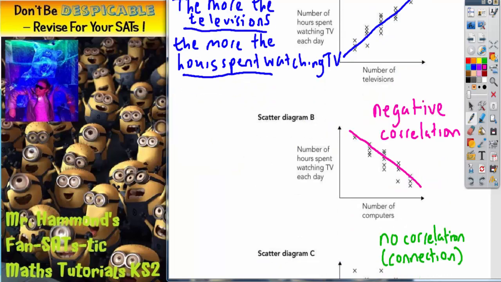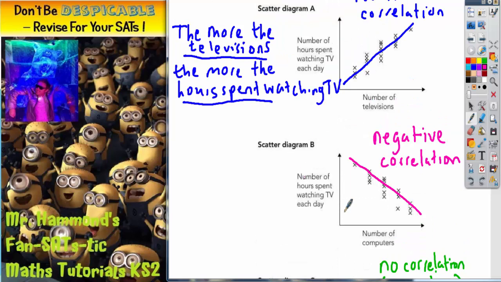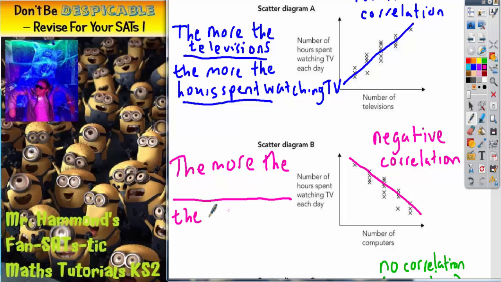For negative correlation, if one thing goes up, so the more you get of the first thing, this generally has an effect on the second thing being less or coming down. So the more the blank, this time the less the blank. So if one thing goes up, the second thing comes down. Whereas positive correlation, as one thing goes up, the second thing also goes up.